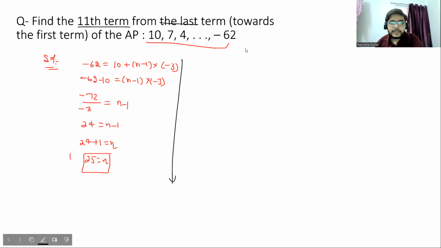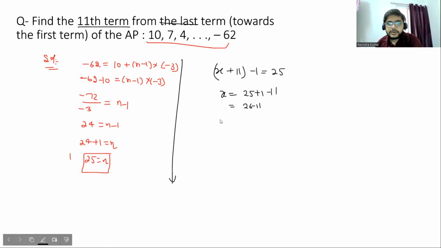Just write term from the starting, let's say x, plus term from the last, that is 11, minus 1 is equal to the total terms, that is 25, right? So x is equal to 25 plus 1 minus 11. So it is 26 minus 11. So x is equal to 15. 15th term from the starting, right?